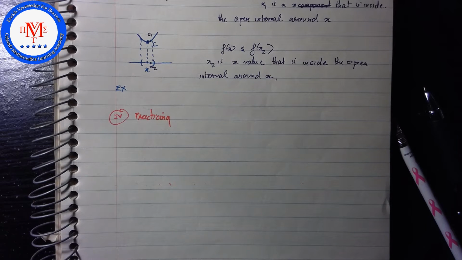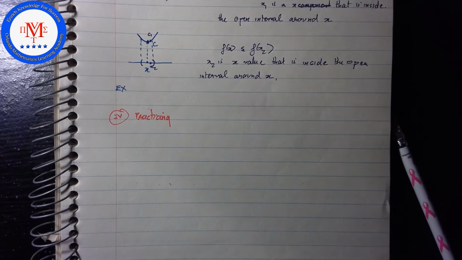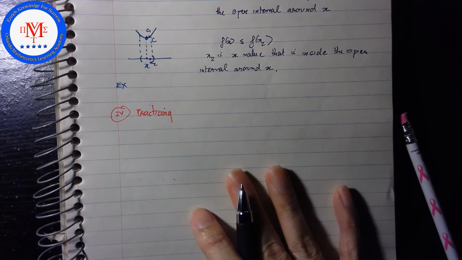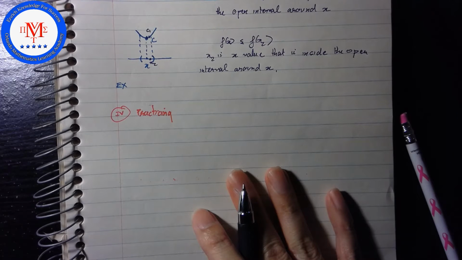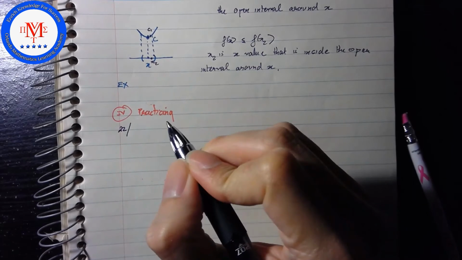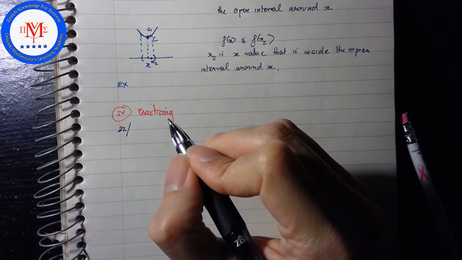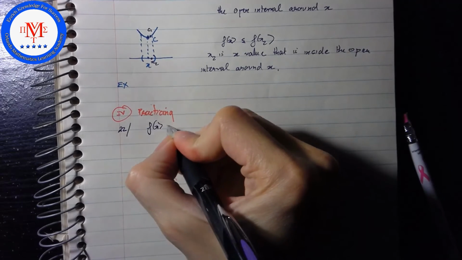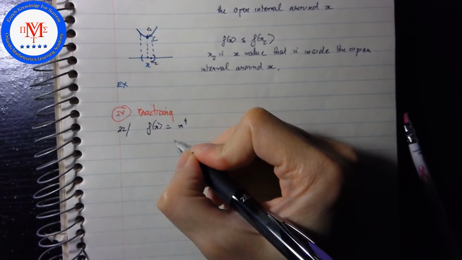I think I will be doing number 22. I want to check whether the function f(x) equals 2x to the 4 plus 3x squared is even or odd.